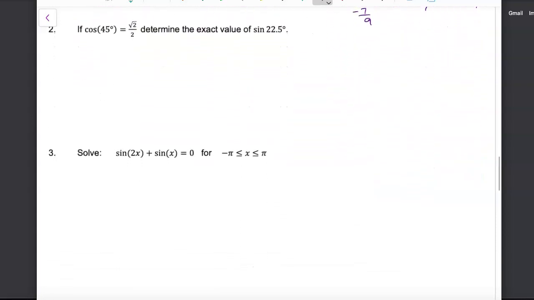So in our second question, if cos of 45 is equal to √2/2, let's determine the exact value of sine of 22.5. Straight away I notice that 22.5 is half of 45 degrees. So I'm going to rewrite cos 45 as cos of 2 lots of 22.5.